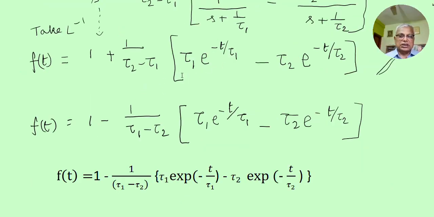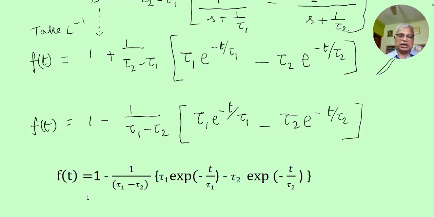I have just rearranged this in this form. You can also write it in this form: 1 minus 1 by tau 1 minus tau 2. I interchanged the sign, put minus here, and this is tau 1 minus tau 2. It is all the same: tau 1 e power minus t by tau 1 minus tau 2 e power minus t by tau 2.